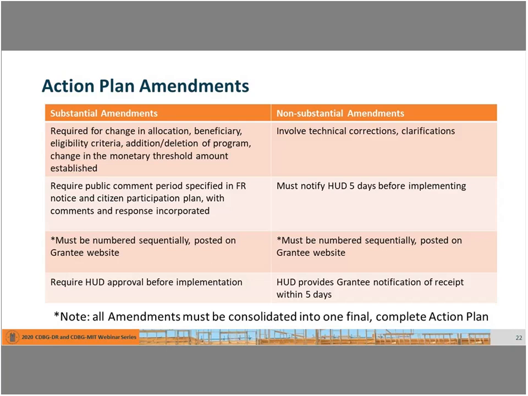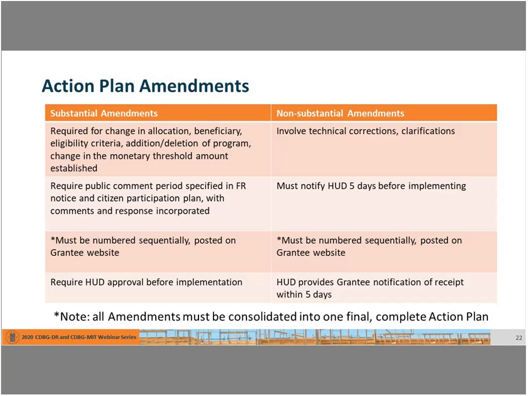I'm going to talk about the column on the right first, which is the non-substantial amendments. On occasion, we might have made a technical error. We might need to clarify something, and that's okay. You'd need to notify HUD 5 days before you would actually implement any technical correction or clarification. And then HUD will provide the grantee notification of receipt of these non-substantial amendments within 5 days.